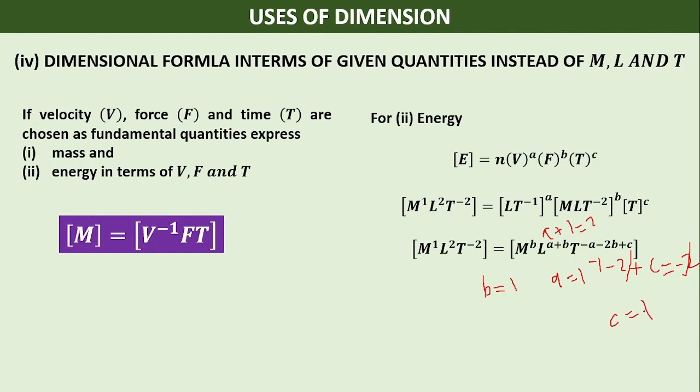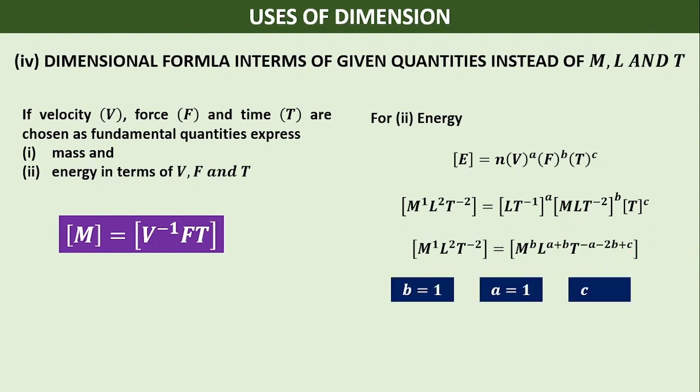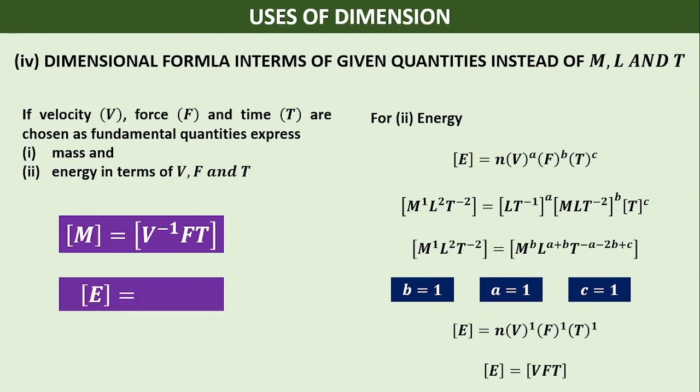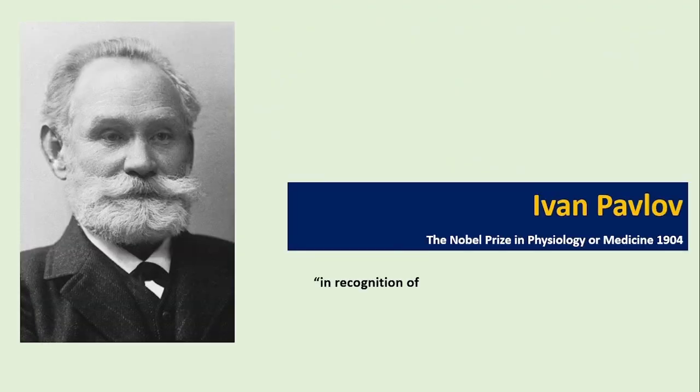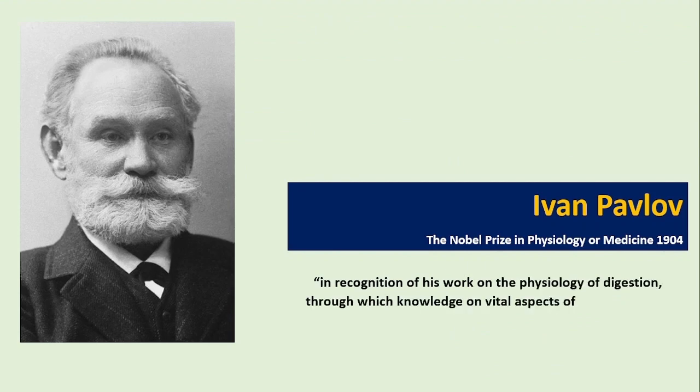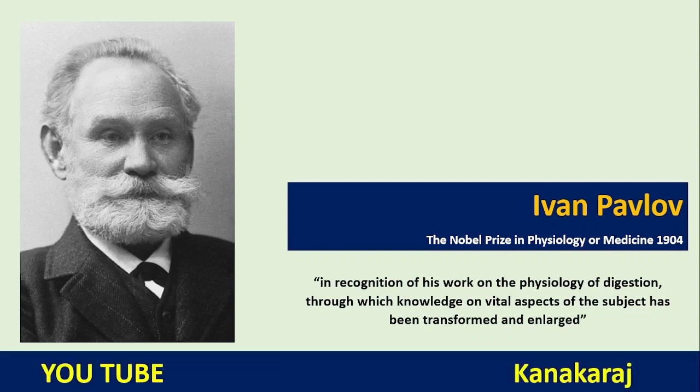So a, b and c each equal 1. So the dimension of energy equals n times v power 1, F power 1 and t power 1. So the dimension of E is the dimension of v F t. Thank you, children.